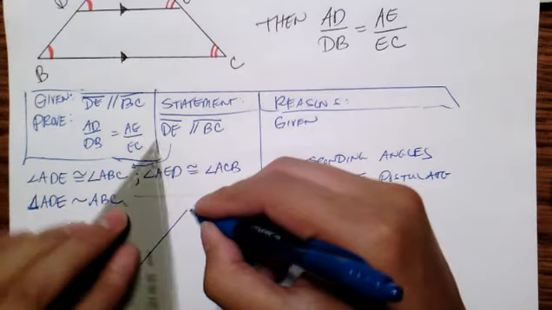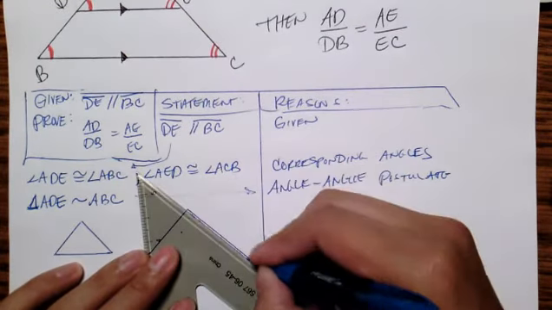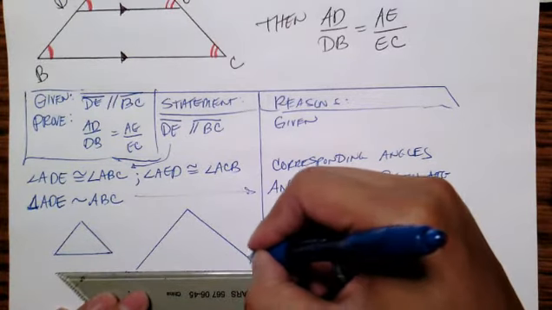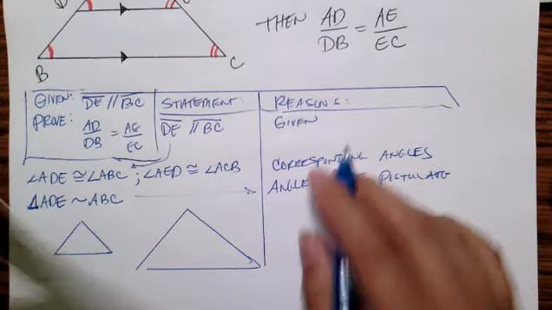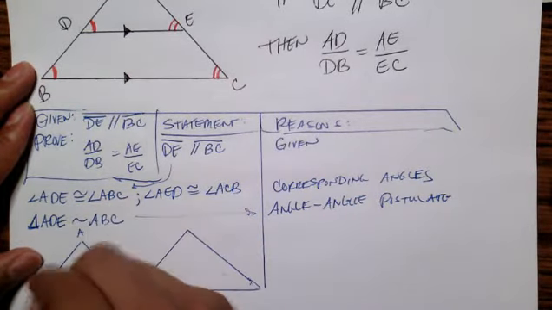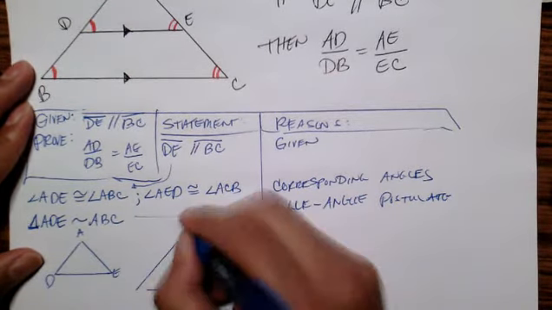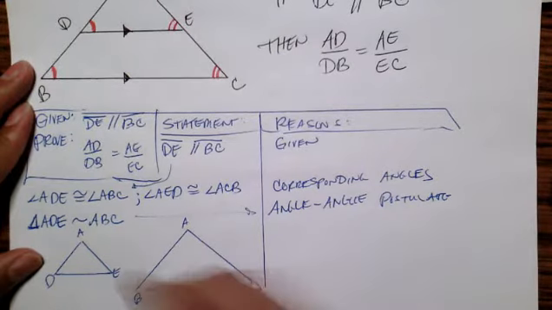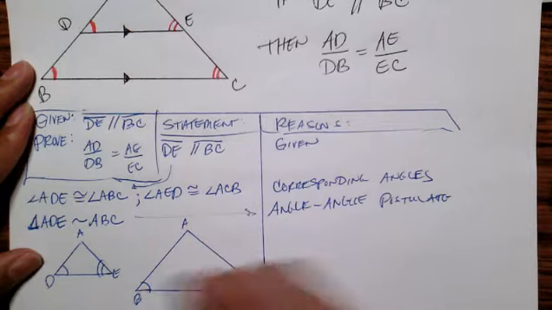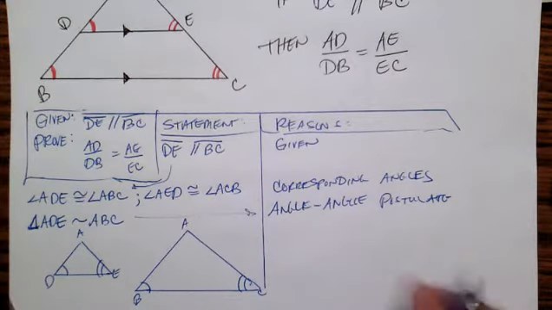You would never really do this on a proof. I just want you to see what's happening right now. Okay, so there are the two triangles right there. This was ADE, ABC. That's kind of the picture right there.